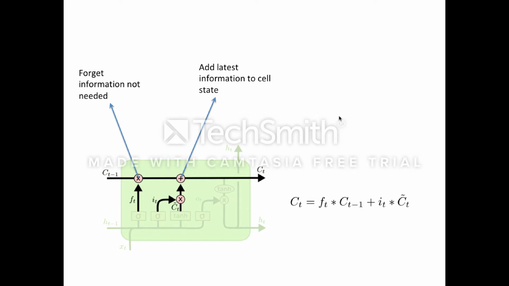All the values which are close to 0 are those we don't need to remember, and all the values close to 1 are those which we need to remember. When we multiply the cell state by these values, we forget the information which is not needed. The next part of updating the cell state is multiplying the input gate and the new candidate values together. This creates a new vector which is added to the cell state.